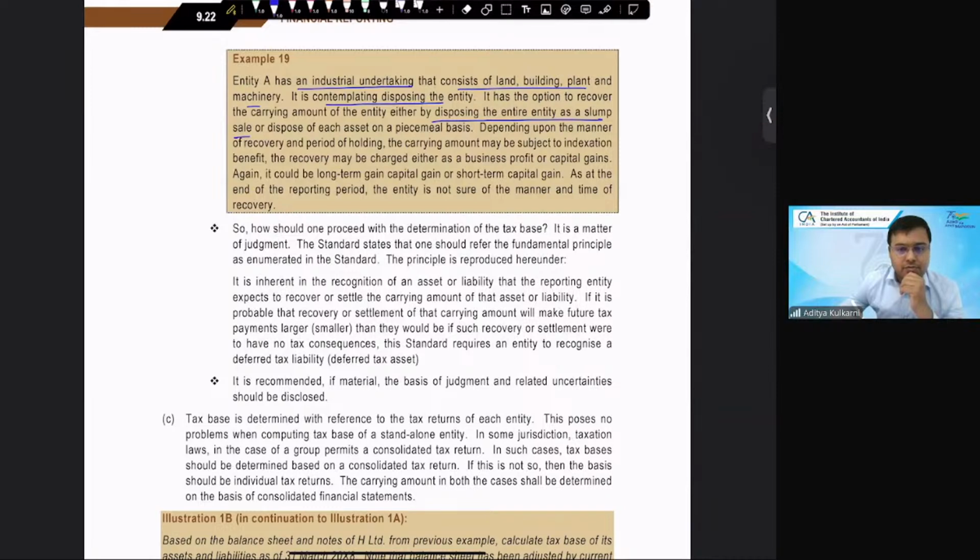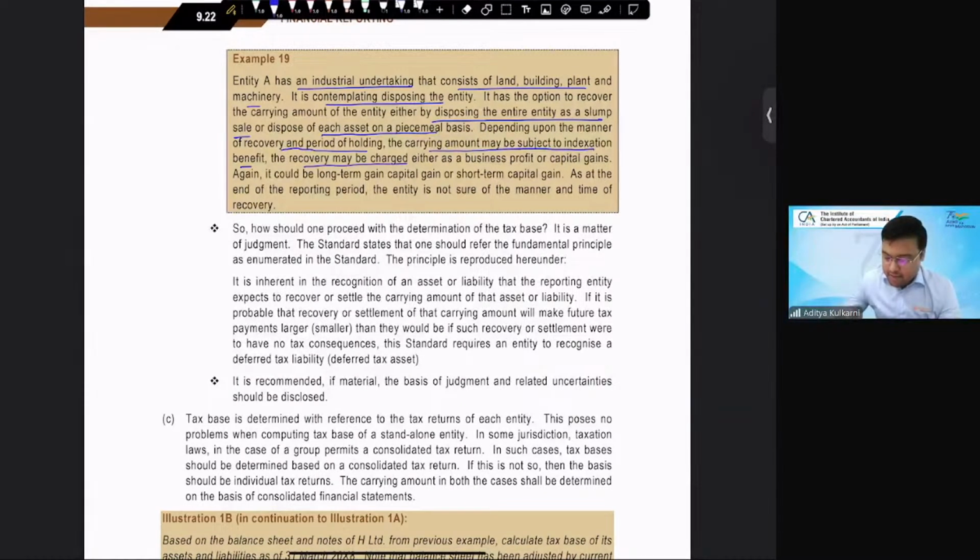Answer is no. It's a single consideration for the entire division as a whole. Then the purchasing entity will have to do a purchase price allocation for the items it has purchased. Or it can dispose of each asset on a piecemeal basis. So they have two options, either go for slump sale or go for a piecemeal basis. Depending upon the manner of recovery and the period of holding, the carrying amount may be subject to indexation benefit.